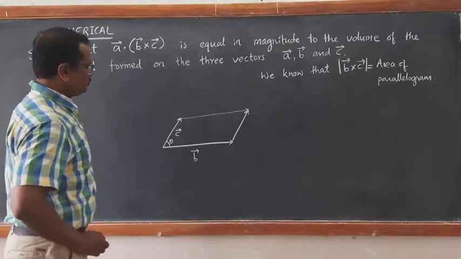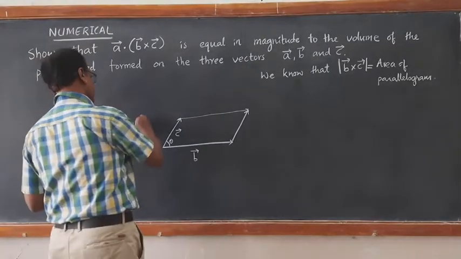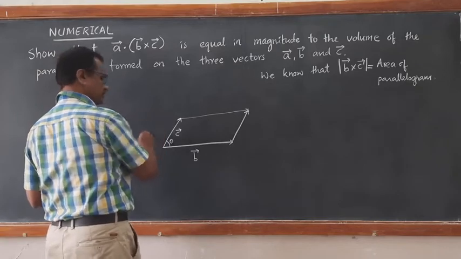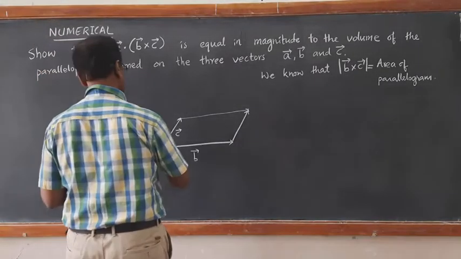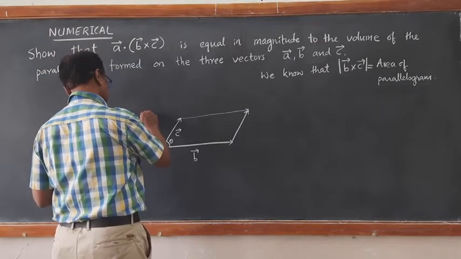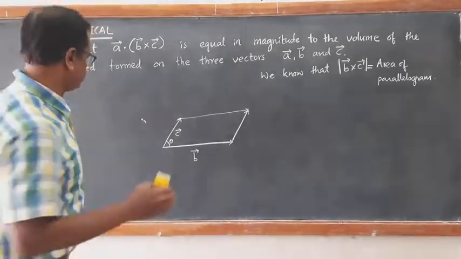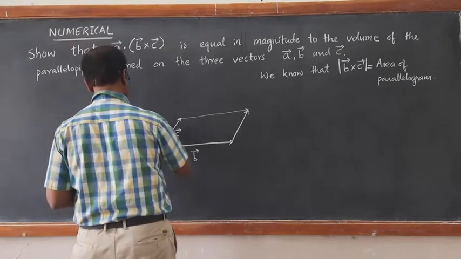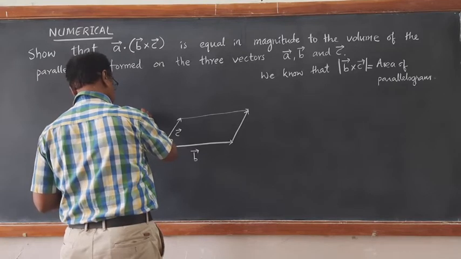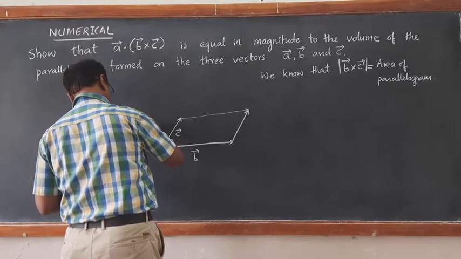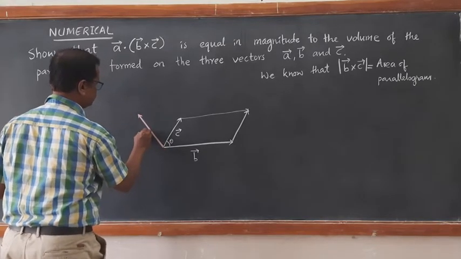Then I will draw vector A so that this vector A becomes the third side.